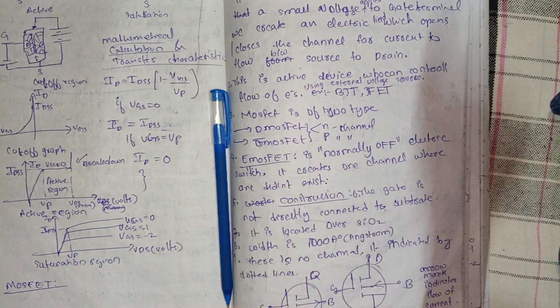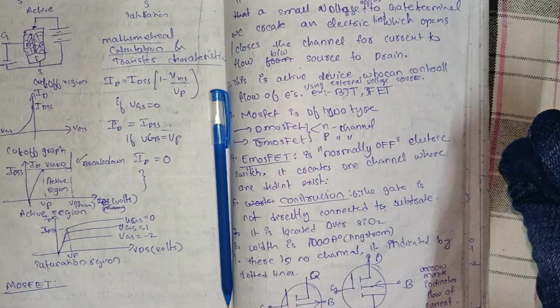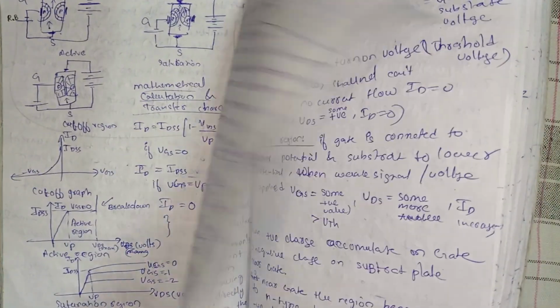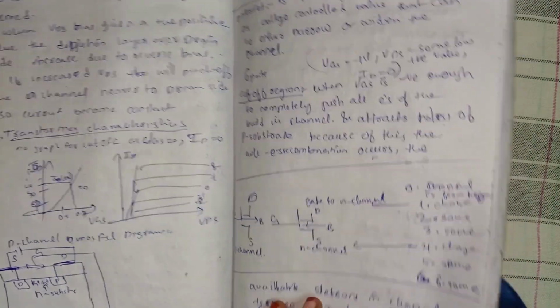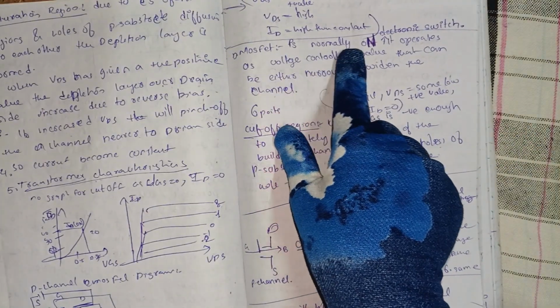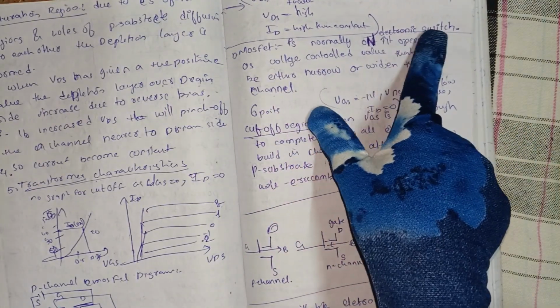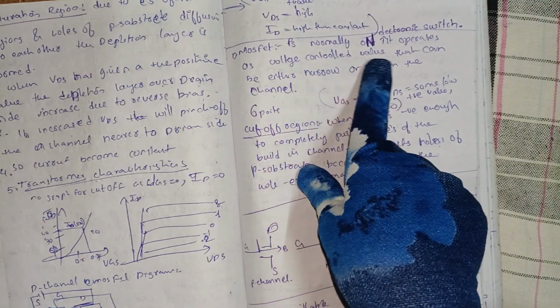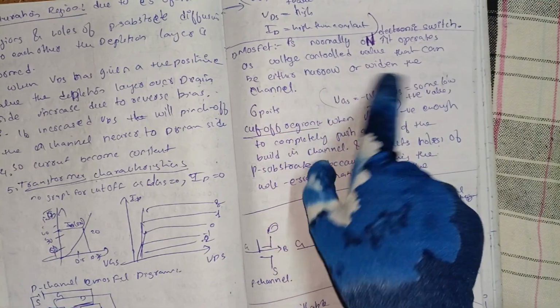So first we will see the definition of D MOSFET. Definition is: D MOSFET is a normally on electronic switch. It operates as a voltage controlled wall that can be either narrow or wide in the channel.